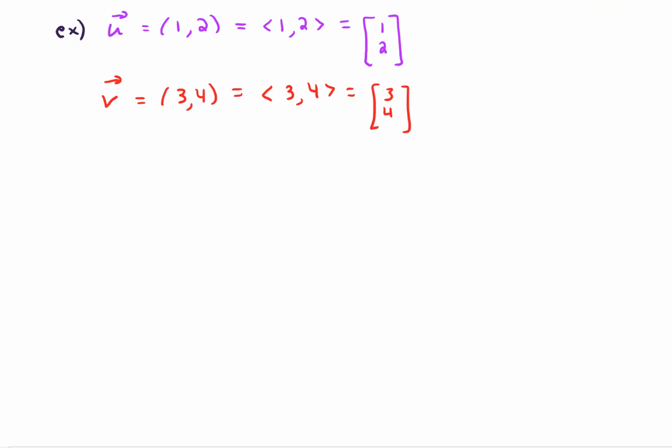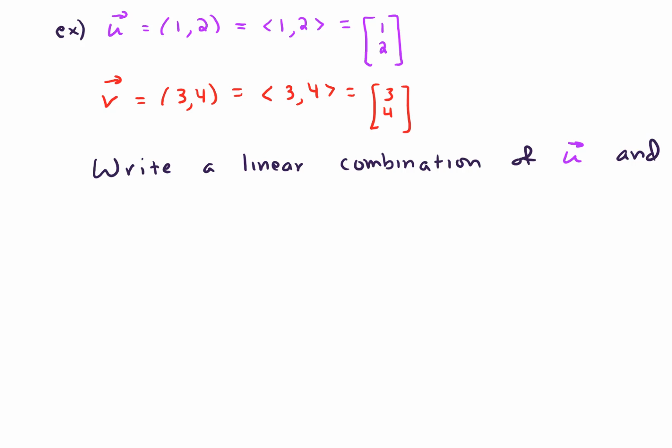The directions say write a linear combination of vector U and V using any scalars you like.